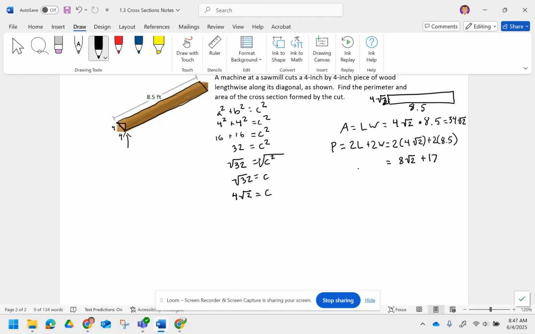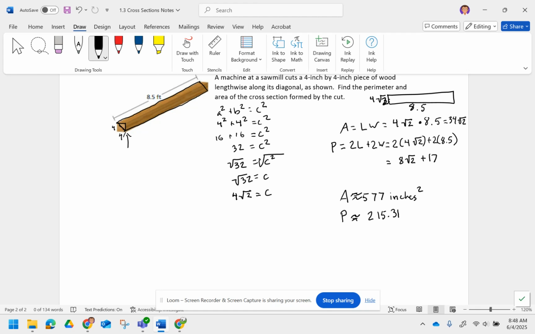Now, if we really want to, we can go ahead and approximate those. So I could type 34 square root 2 into a calculator, and we're going to get approximately 577. And let's see, we were in inches. So inches squared. For the perimeter, that's going to be about 215.31.